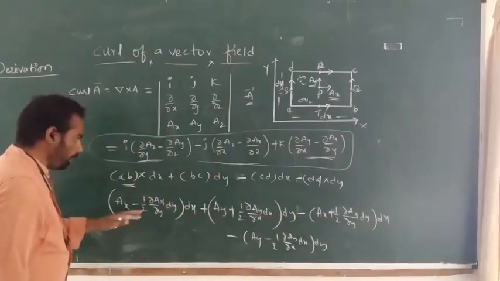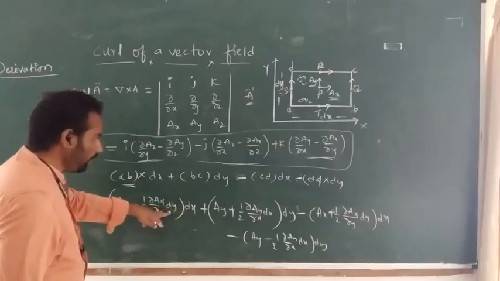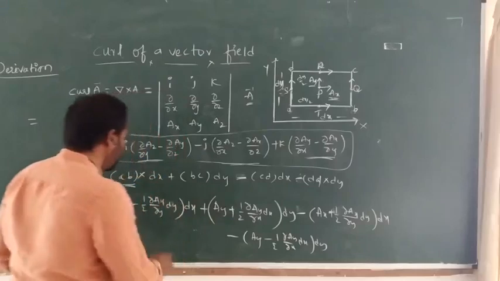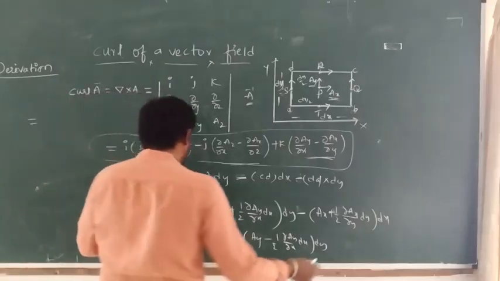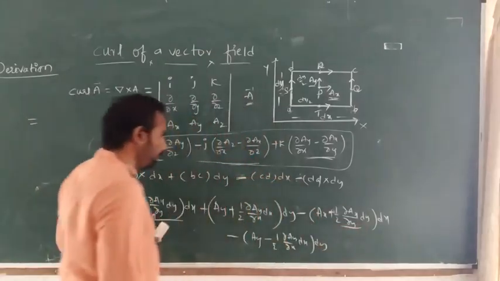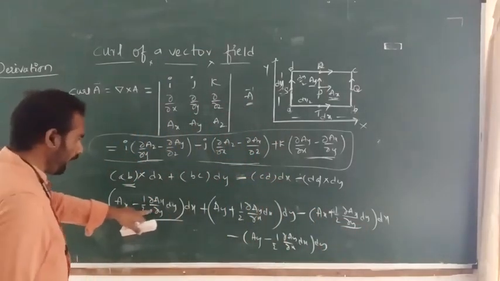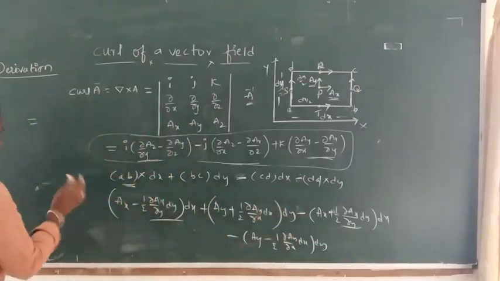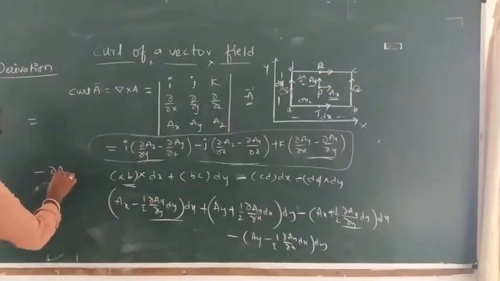Then we get minus dou Ax by dou y into dx dy.